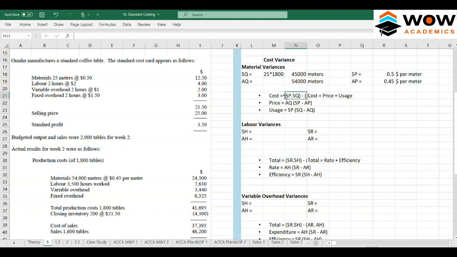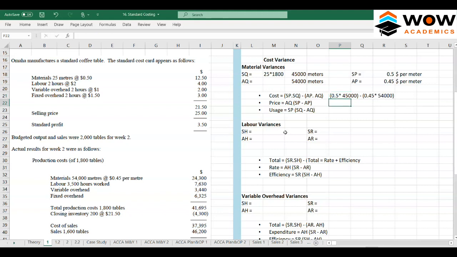From here on it is quite simple. You can just multiply it and get the number. So first we'll do cost variance. SP into SQ: SP is 0.5 into SQ, which is 45,000 meters, and AP into AQ: AP is 0.45 into 54,000 meters.